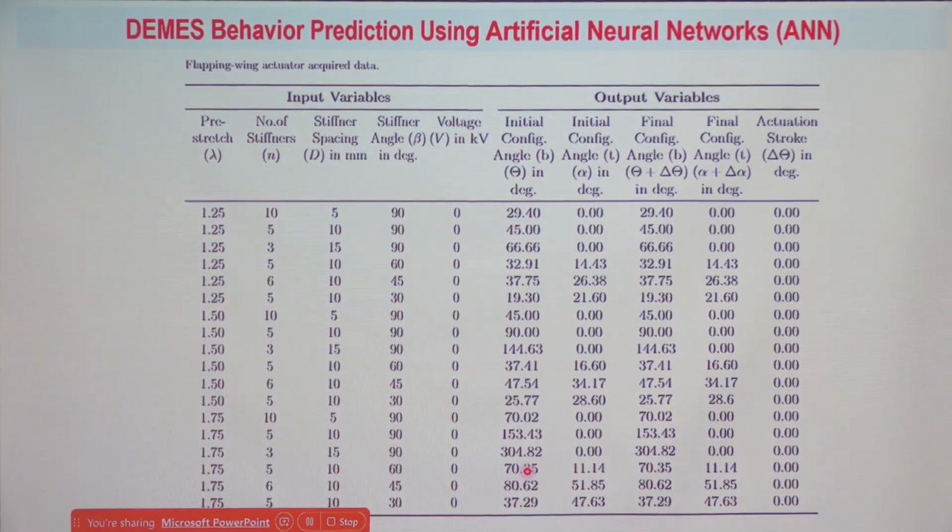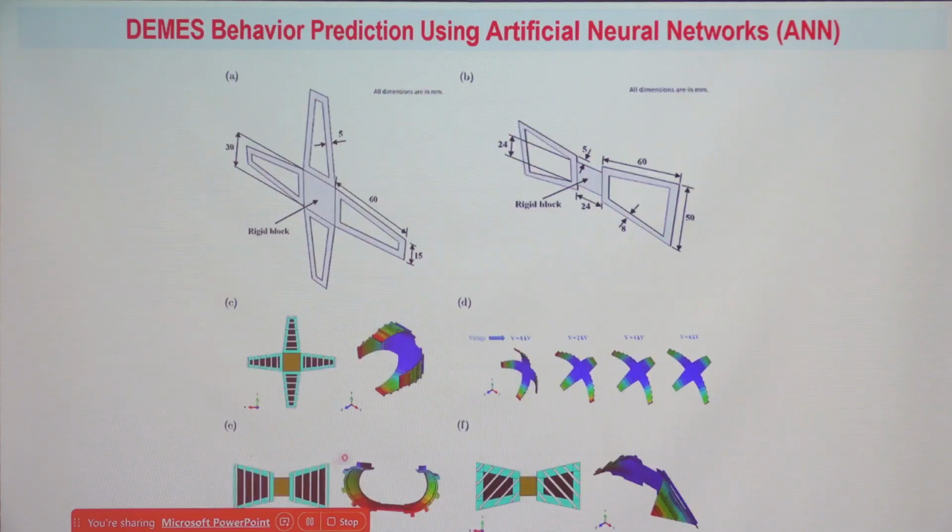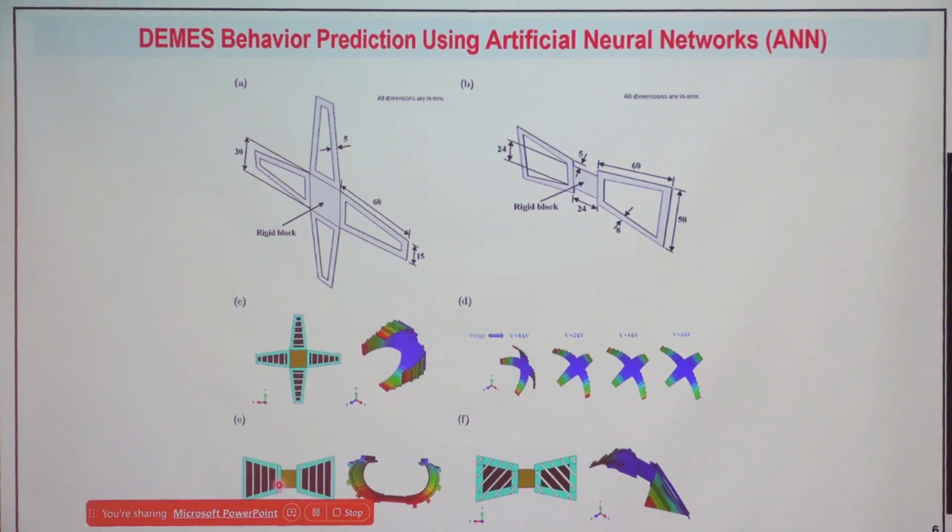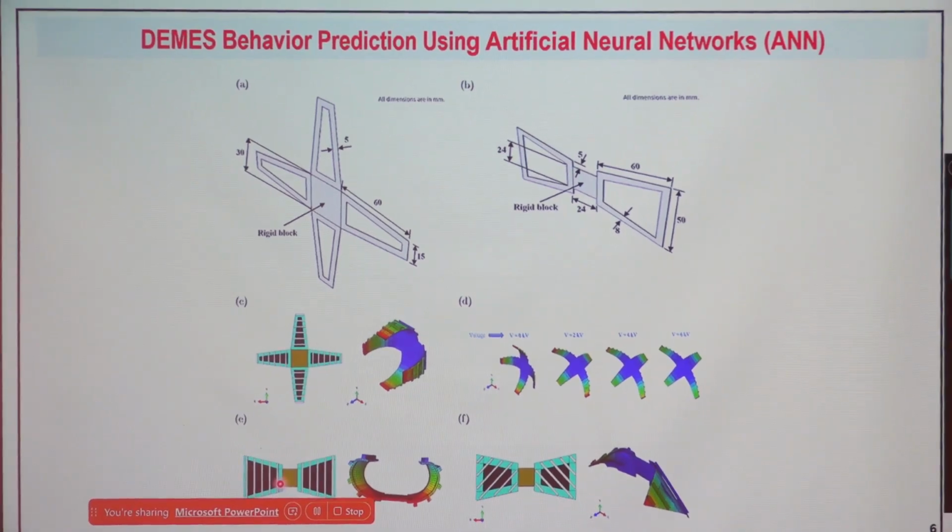That is clear. So in the flapping wing, if you go back here, what are the inputs? You can clearly visualize from here. Pre-stretch of the membrane: the larger the pre-stretch, the more will be the initial bending of the structure. The second parameter is the spacing between the consecutive stiffeners.